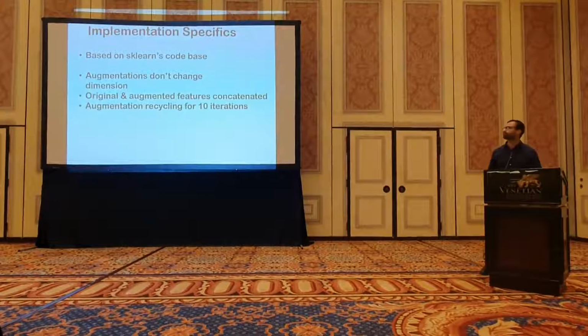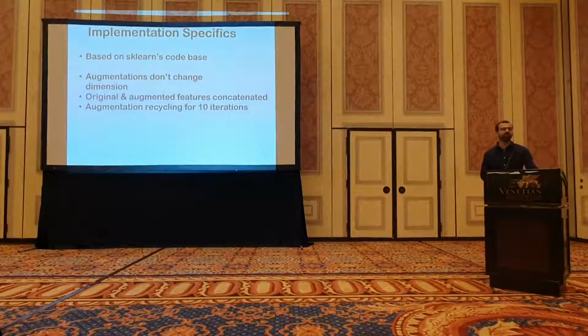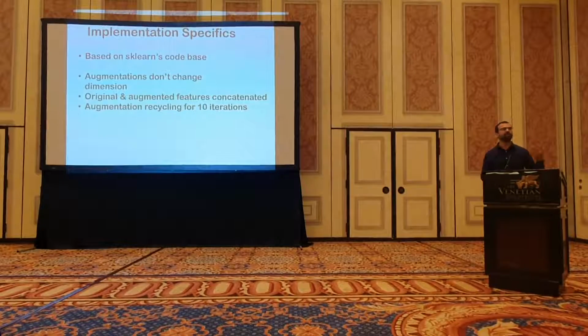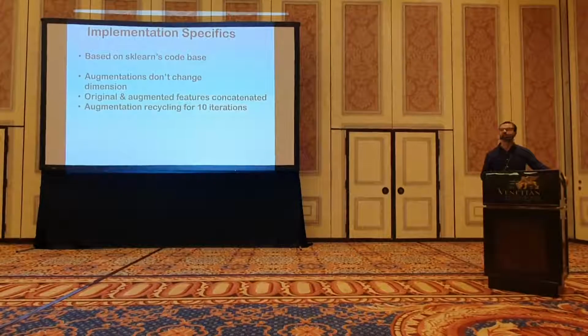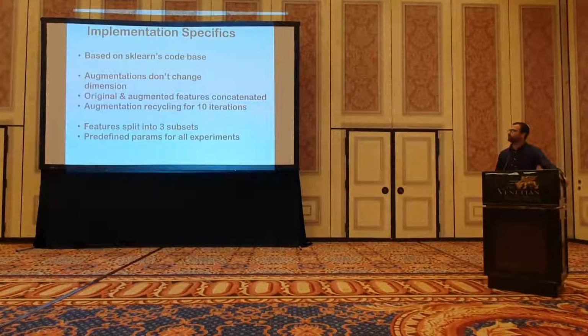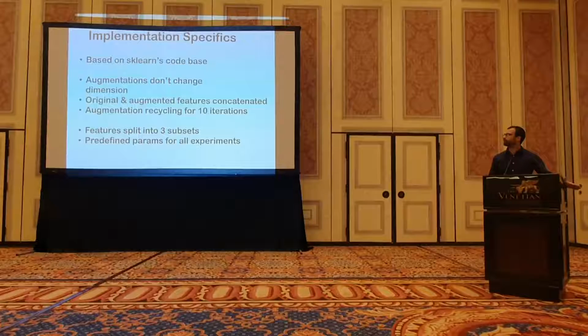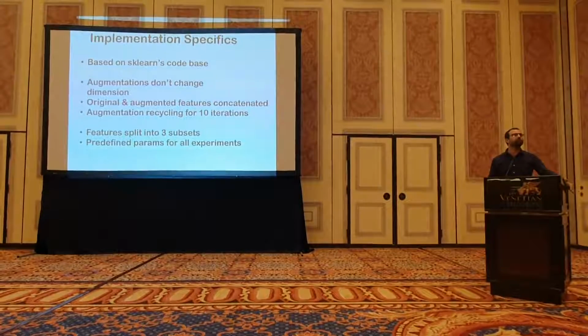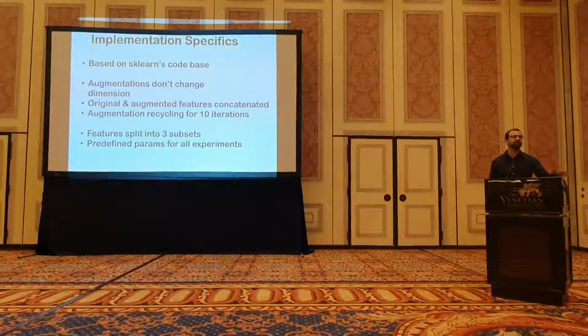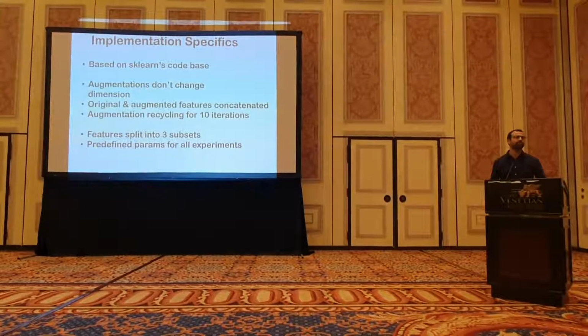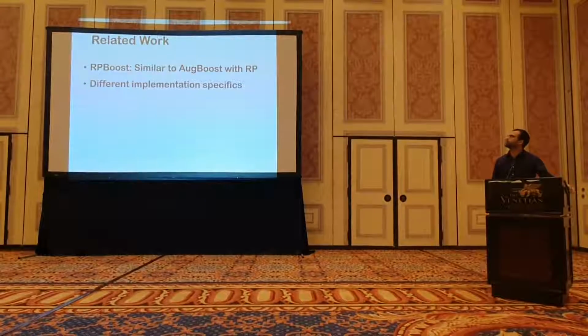We don't just use the new features. The augmentation recycle we talked about, we do every 10 iterations. For these experiments, we create new features. We use 3 feature subsets for the experiments, and we use predefined parameters, which means we took the default parameters of the libraries we use, and everything we added has default parameters, so there was no hyperparameter tuning.